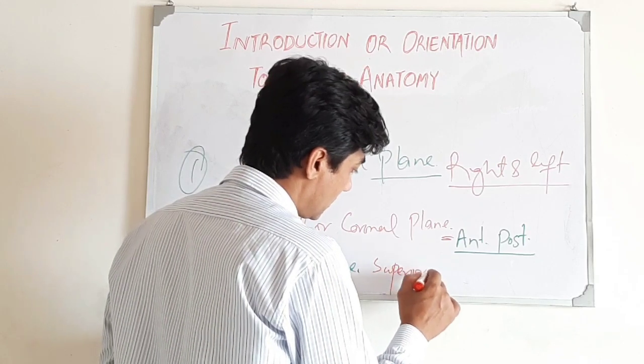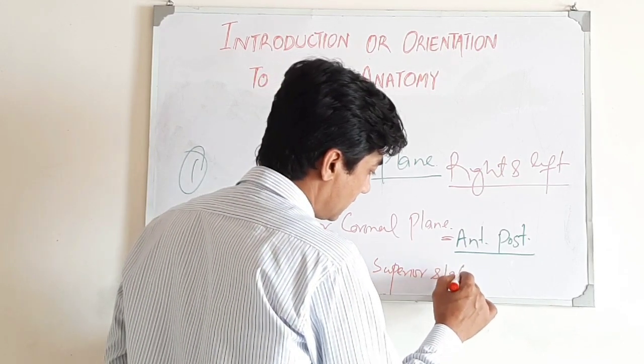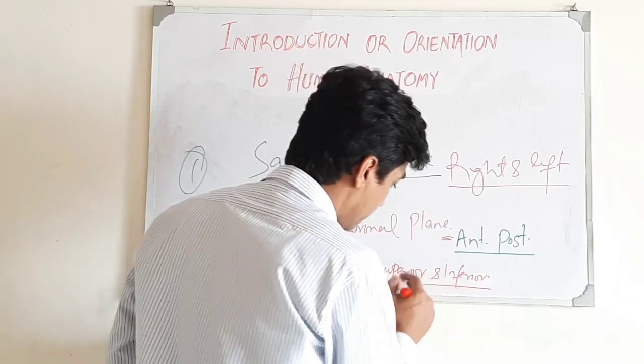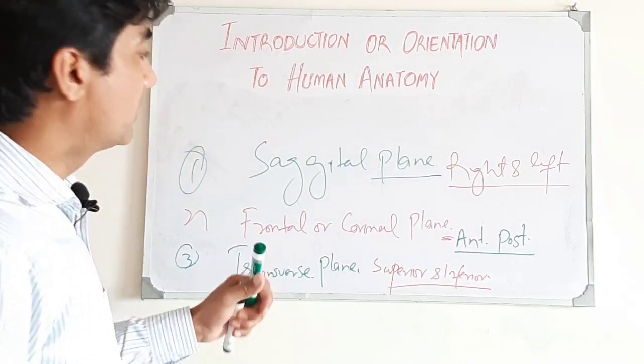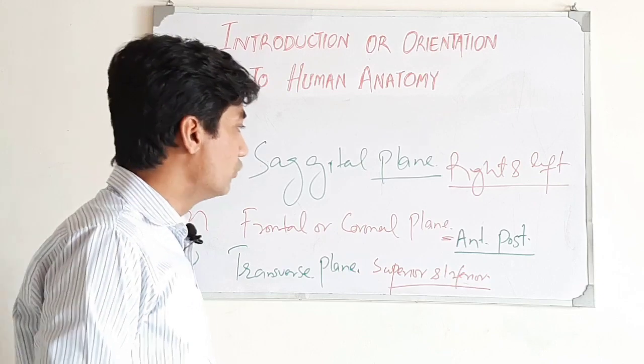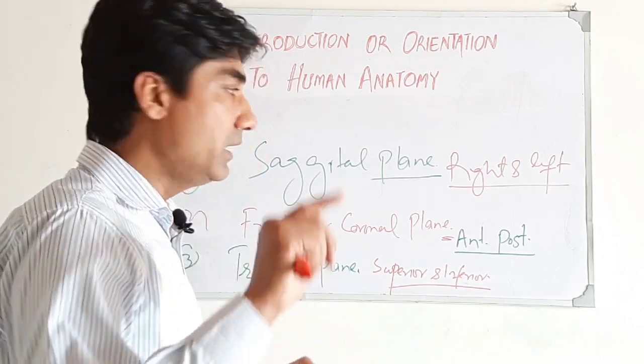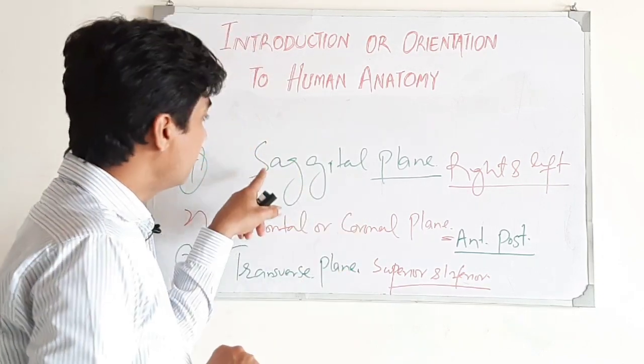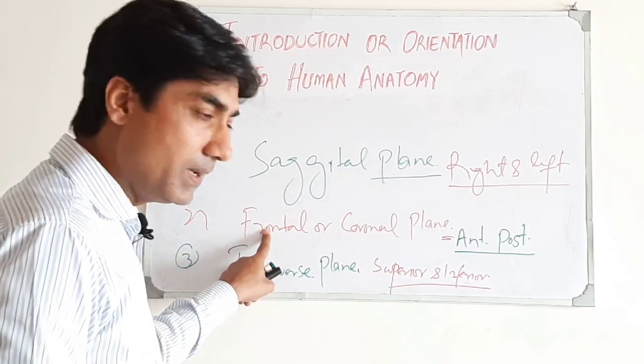These are the three planes which we can use in human anatomy. One is the sagittal plane, second is the frontal plane, and third is the transverse plane.